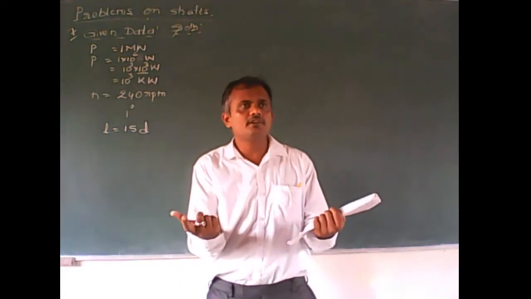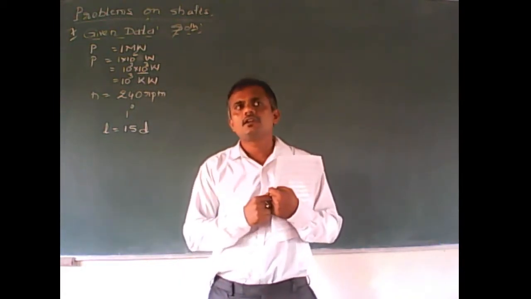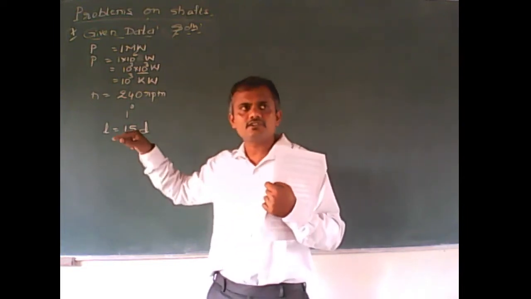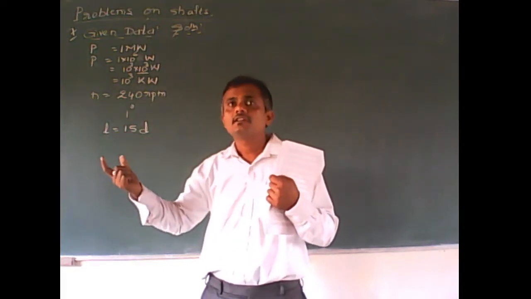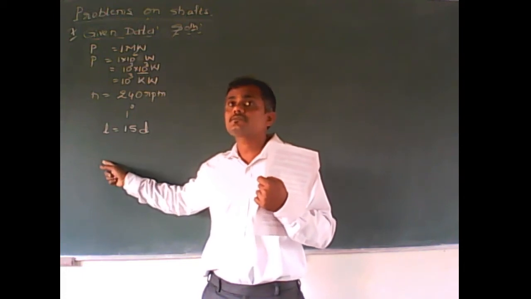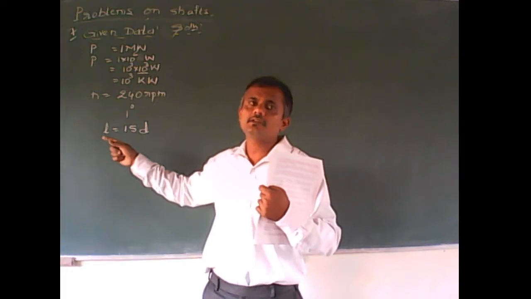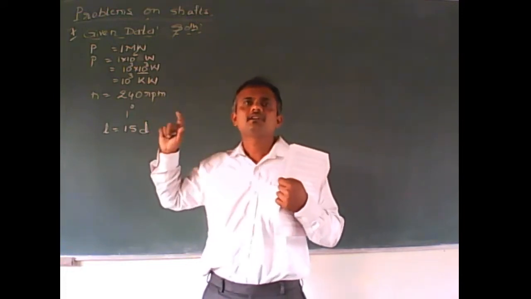We don't know the diameter, and we don't know the length. In this case, suppose after calculation we get a diameter of 50; then the length of the shaft is 15 times the diameter, I mean 15 multiplied by 50, which totals 750 mm.